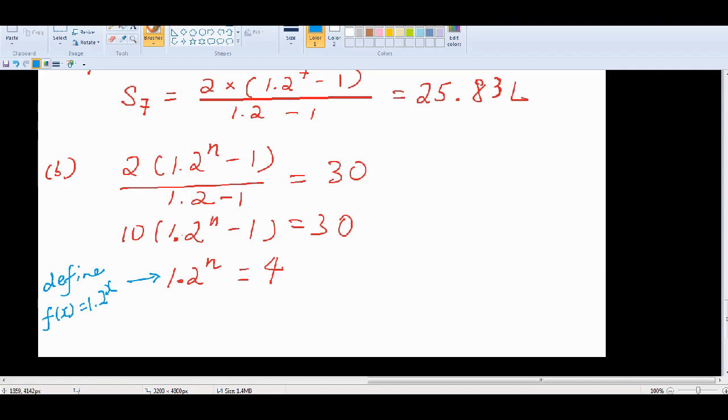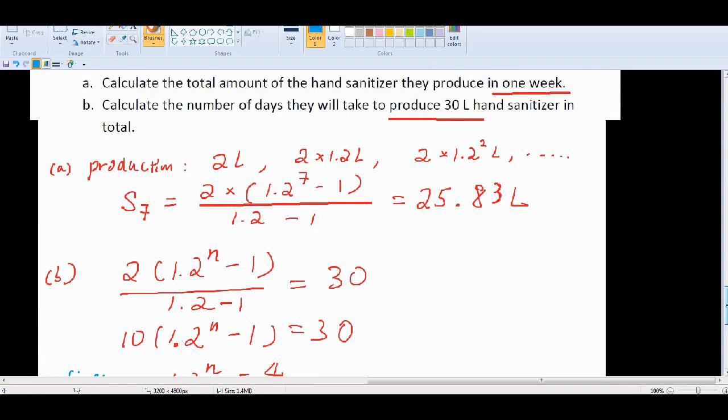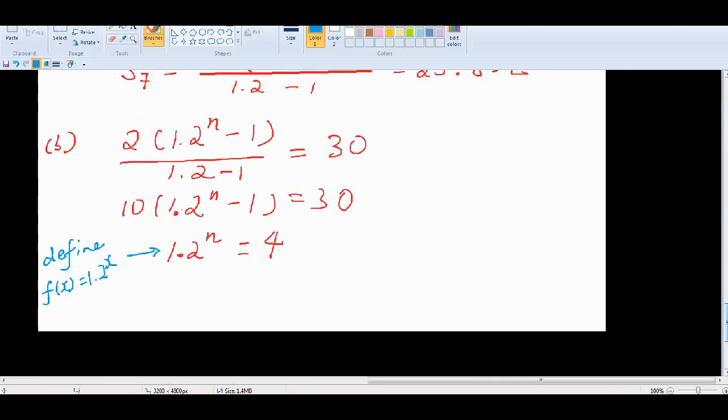Then you should define the function f(x) equals 1.2 to the power x. You need to find x such that it gets past that 4, because that means the number of days they can produce 30 liters of sanitizer, so it's not equal, but you need to pass it.